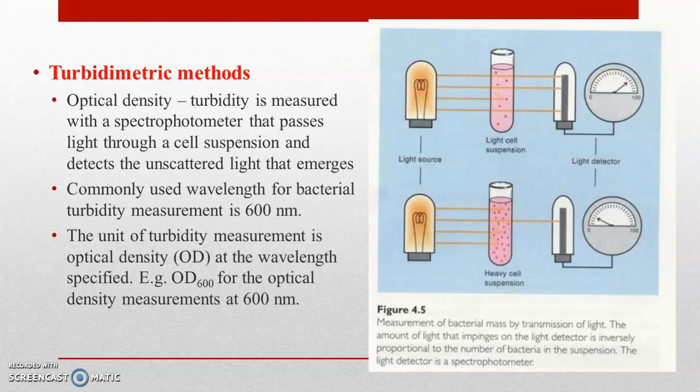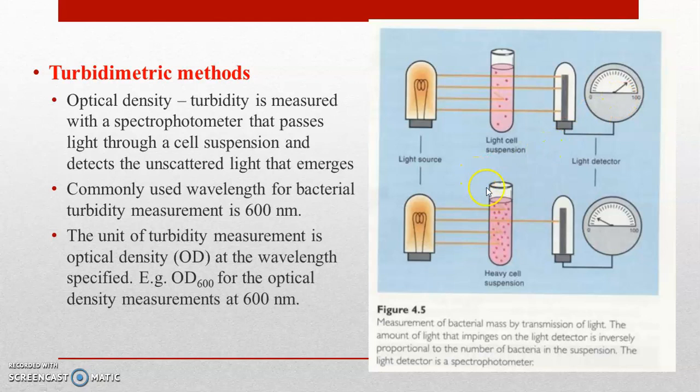Then the next is the turbidimetric method. In this method, we measure the optical density. The turbidity is measured with the help of a spectrophotometer. We place the bacterial sample in liquid suspension in front of a light source, and the light rays pass through this bacterial sample, and when they hit the bacterial cells, they will be scattered, and the unscattered light rays that are emerging from the suspension are detected by a detector, and they are then measured.